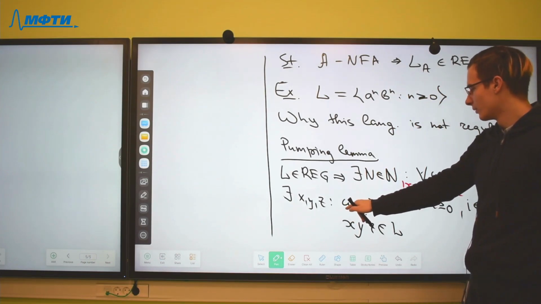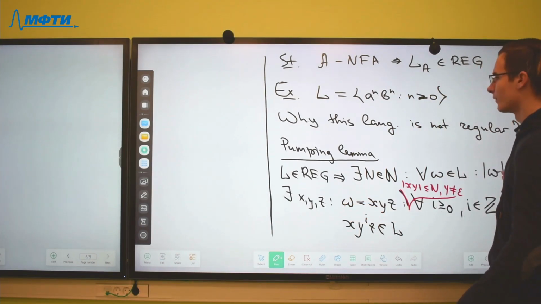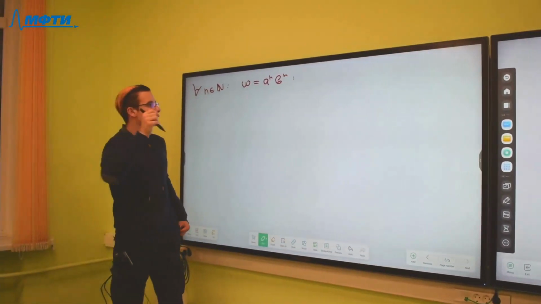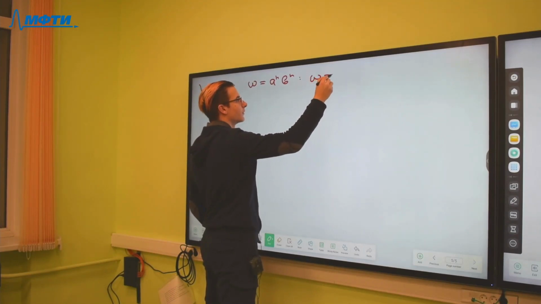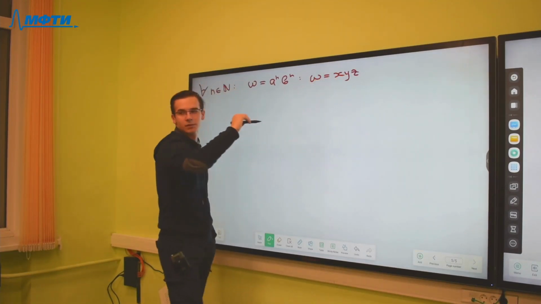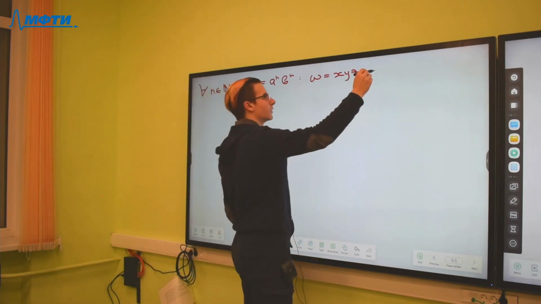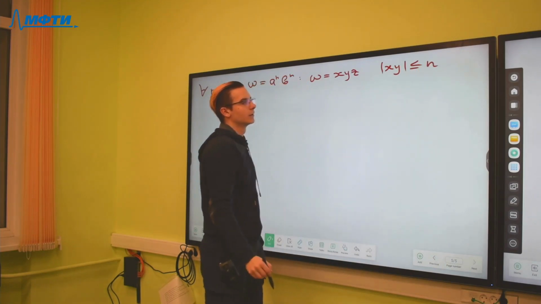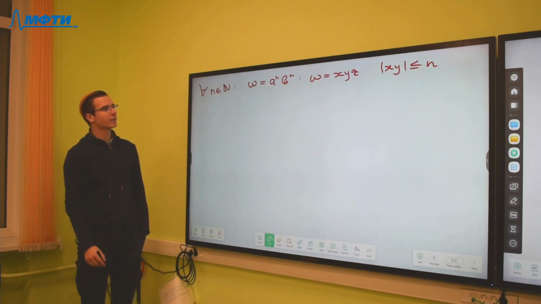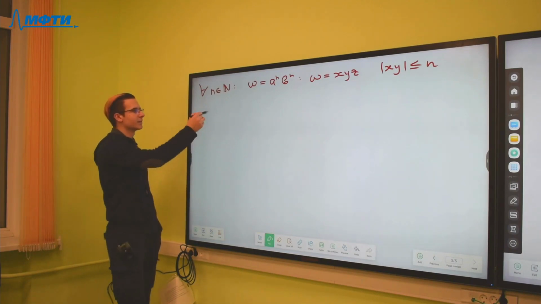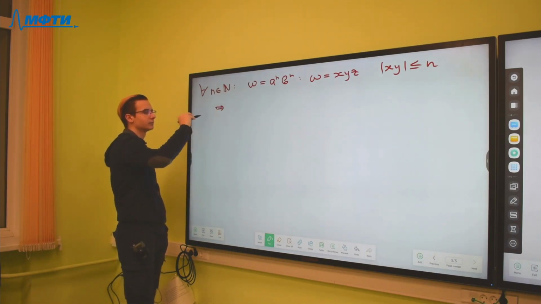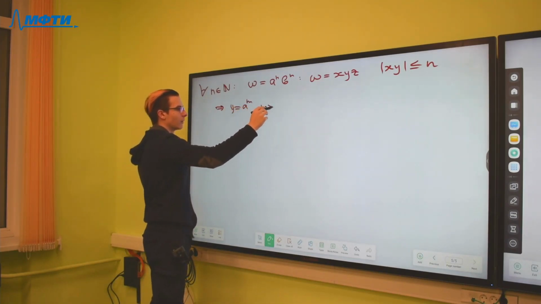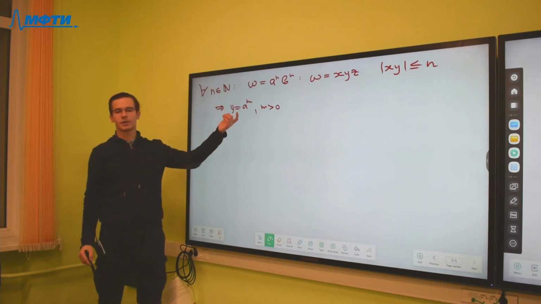If we find ω as the word with the length 2n, then if we divide it into 3 parts x, y, z, such that xy is smaller or equal than n, then we can say that y is equal to a in power m.